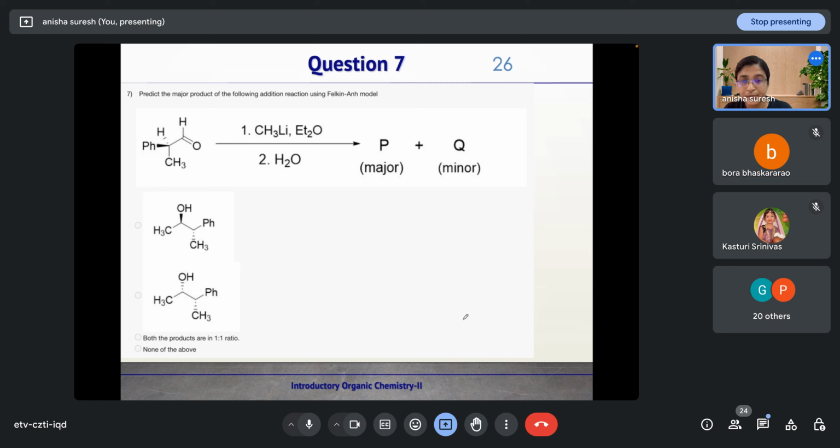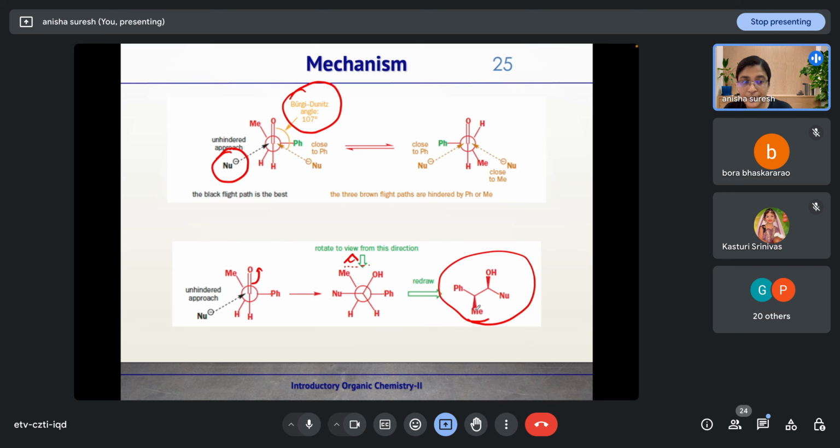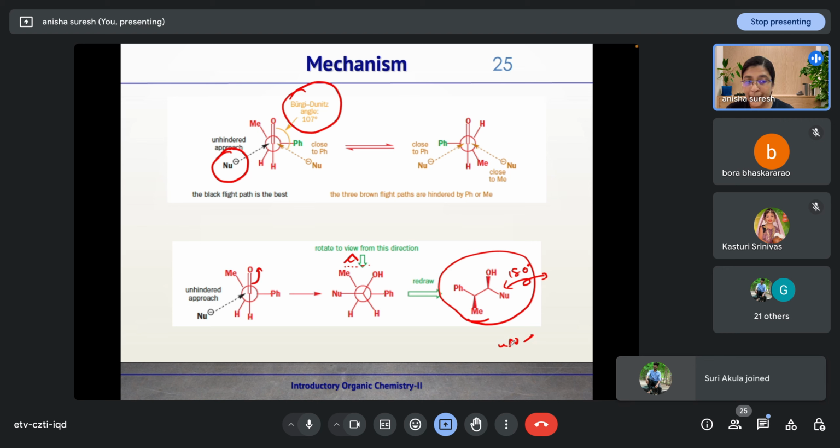Okay, so we have been given these two options. When we rotate 180 degrees, just flip it. So this Nu will be coming, Nu will be methyl in our case.